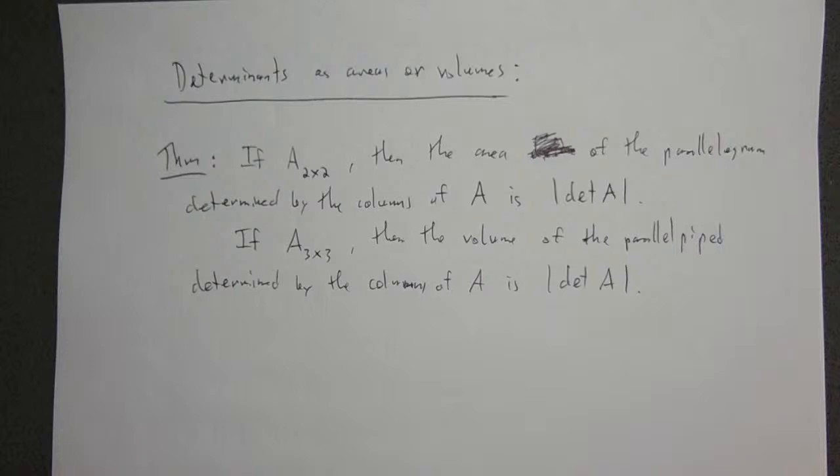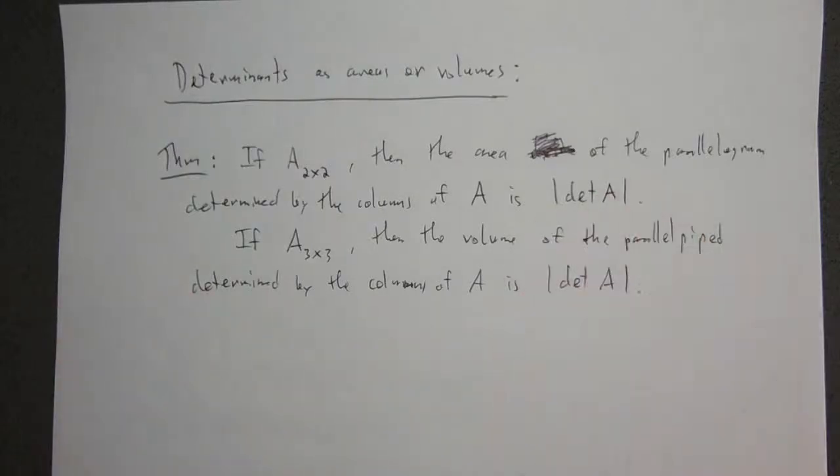If A is a 4 by 4 matrix, then the hypervolume of the hyperparallelepiped determined by the columns of A is the absolute value of the determinant of A. Right? And I can keep going. It doesn't have to stop there. The dimension doesn't matter here.